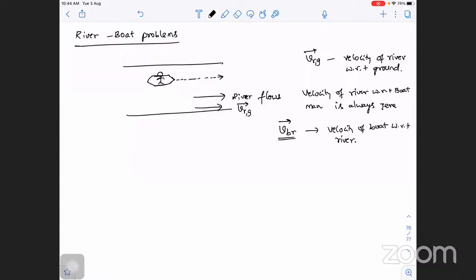Suppose you are there in the bus, you are observing everything with respect to the bus only, because you are in the bus. Similarly, the boatman is inside the river, so whatever he observes is with respect to the river. He will maintain one speed with respect to river. That is VBR.